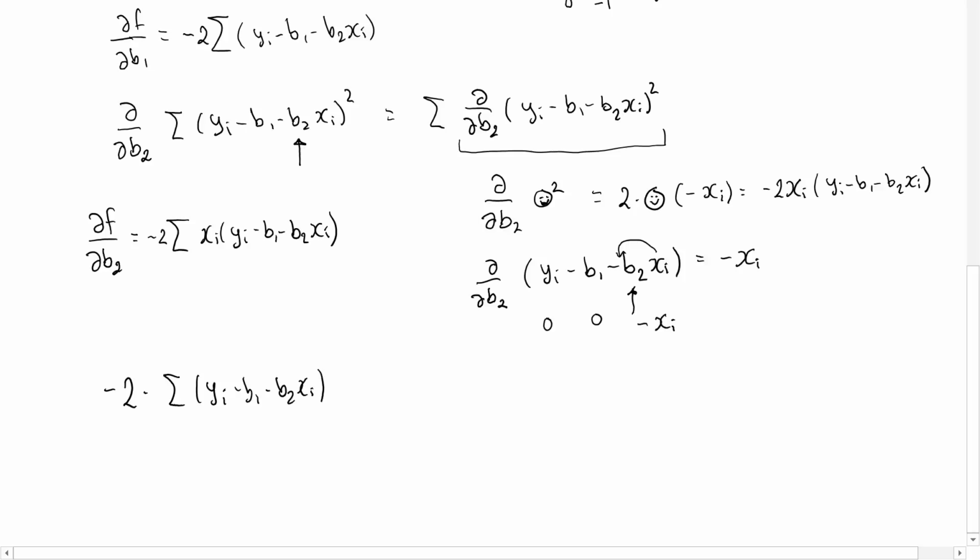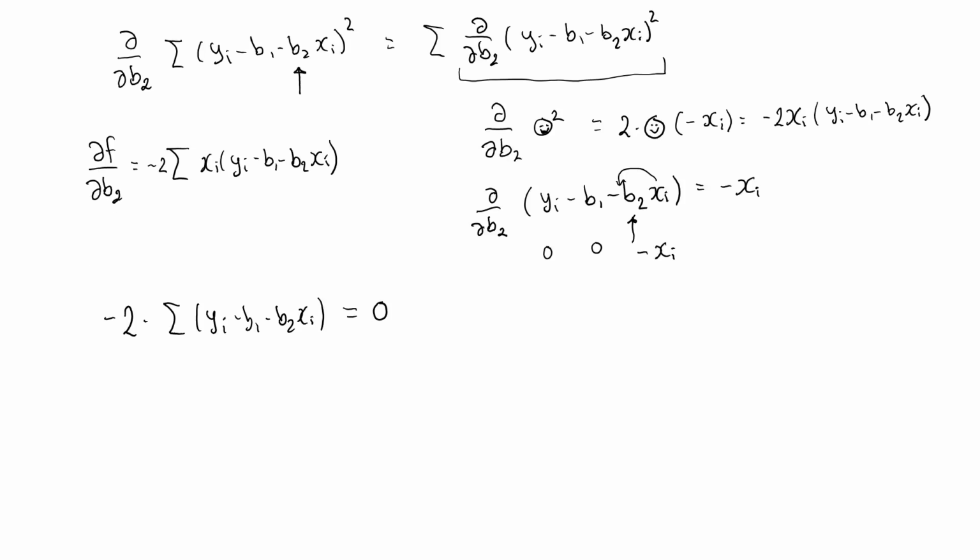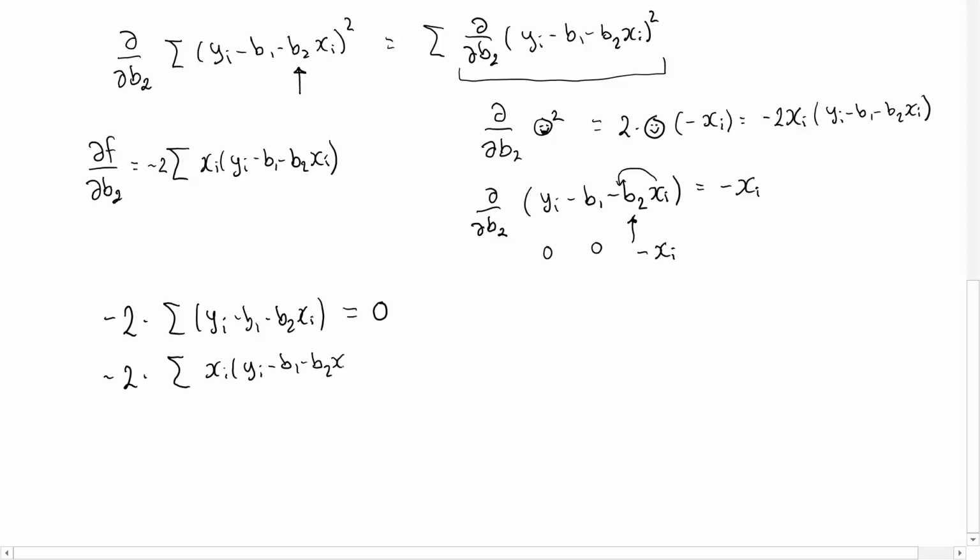That's the partial derivative of f with respect to b1. That needs to be 0. As does the partial derivative of f with respect to b2. That needs to be 0 as well. So the notation here is that any value of b1 and b2 that solves these two equations is a stationary point. So this is a system of equations.